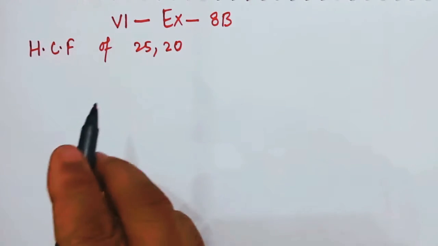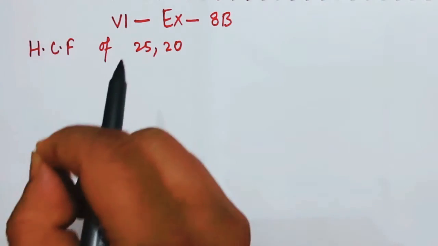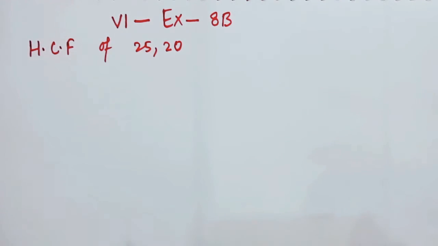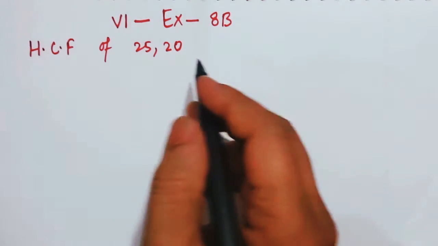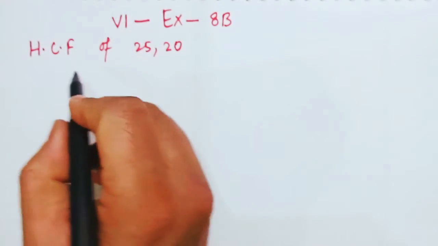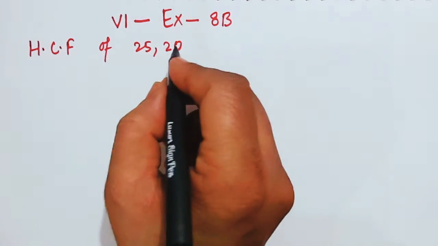They had just learned the full form of HCF. Okay, let us talk about highest common factor. What is this actually? Here we'll first find the factors of 25 and 20.